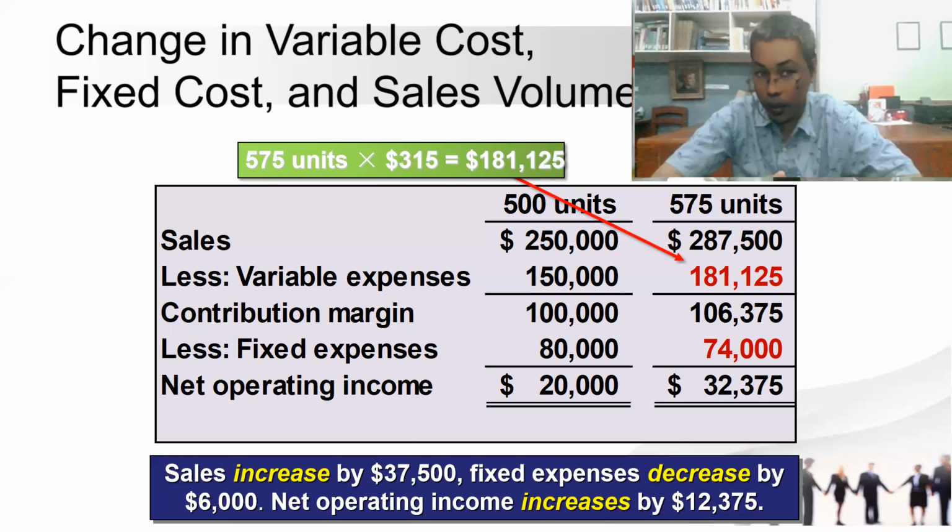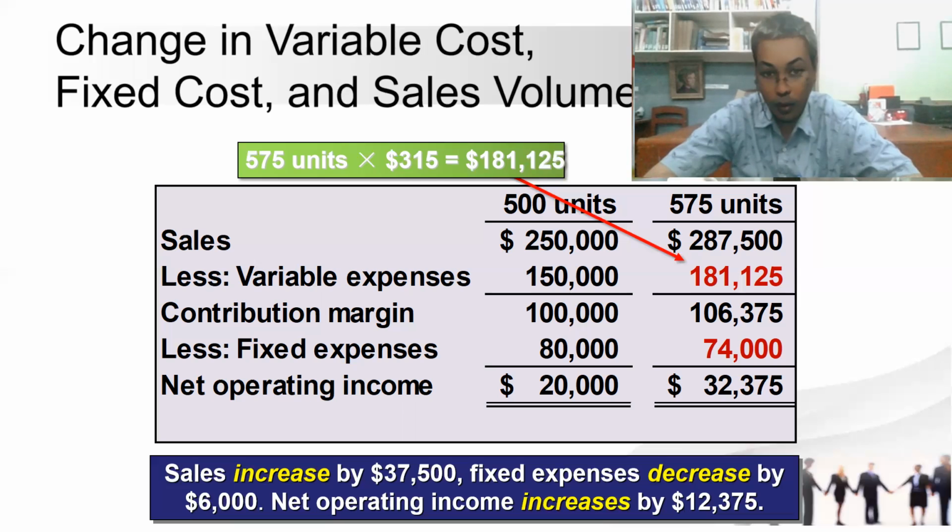And 575 units is the total sales volume times 315, which is the variable expense per unit. So therefore, our result would be $181,125. That is variable. And therefore, our variable increased because commission is variable. But our fixed expense is decreasing because salary is fixed.